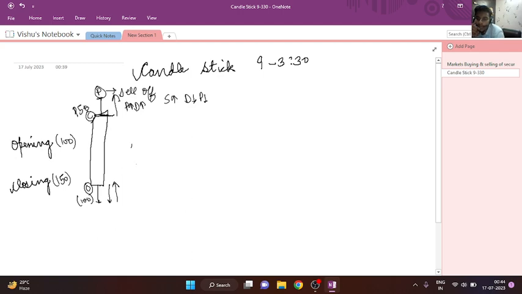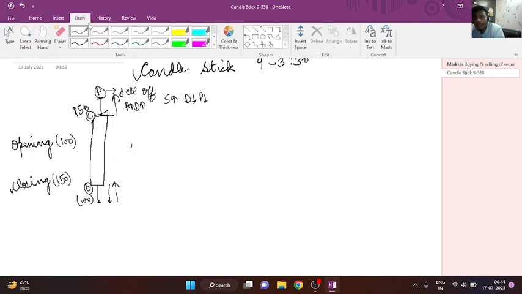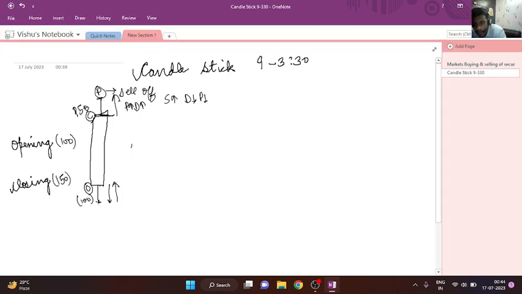In the same day it went very far down from where it opened. We are assuming it opened at 100, and it went down to 70, suppose. As the prices are low, demand will shoot up and it will come back again. Prices will be restored. This is how discounting works, right? The market discounts itself.